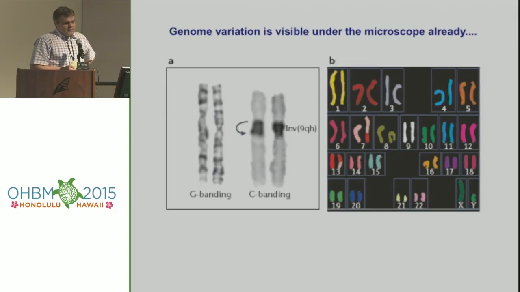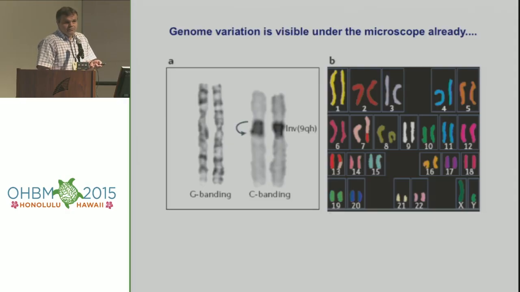Now, it's been known for a long time that the genome is variable. About 50 years ago, when people started to look at chromosomes under the microscope, there was some sort of variation visible already. For example, you may have pieces of a chromosome that are simply flipped, and that doesn't have any consequences in terms of a strong disease that you may develop. So clearly something that is genetic variation.